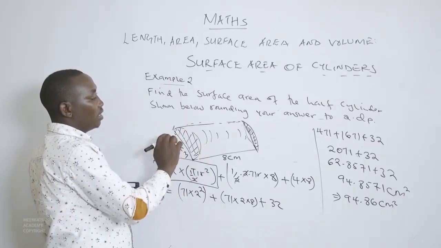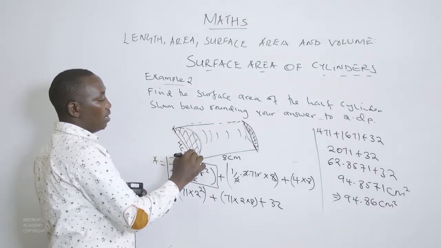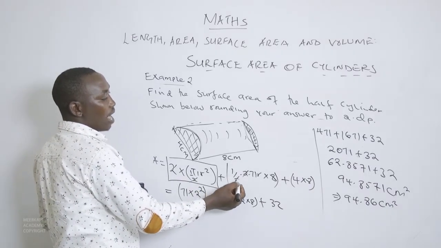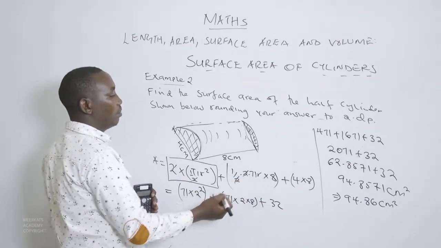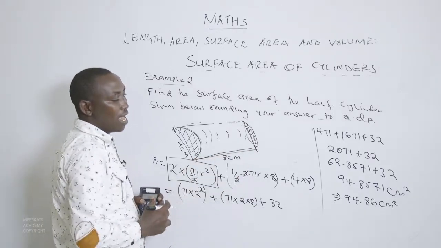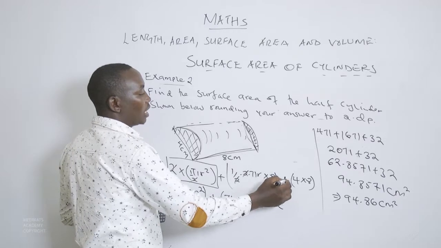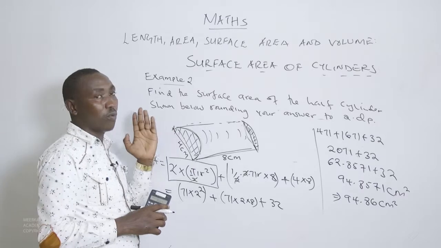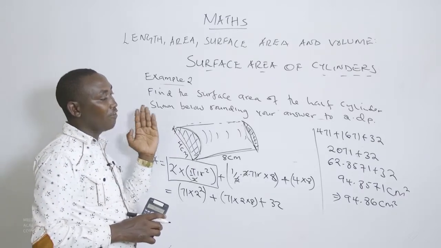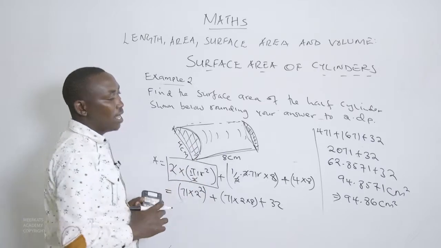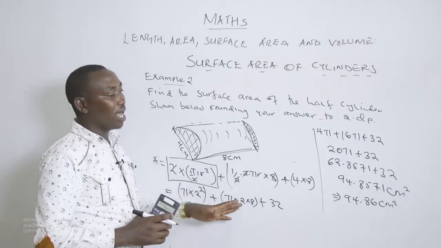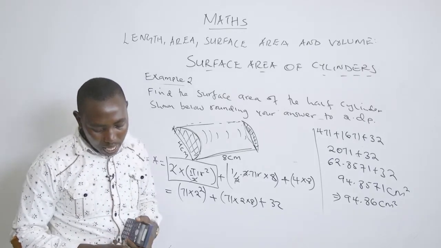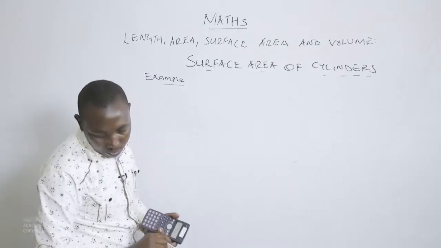Then the curved surface, where the width is half the circumference of the circle, given by a half times 2 times pi times r, then you multiply by the length, which is 8. Then we must remember to add the plane on the bottom, where that particular knife went through, which is 4 by 8 units. And this has resulted to 94.86 square centimeters.